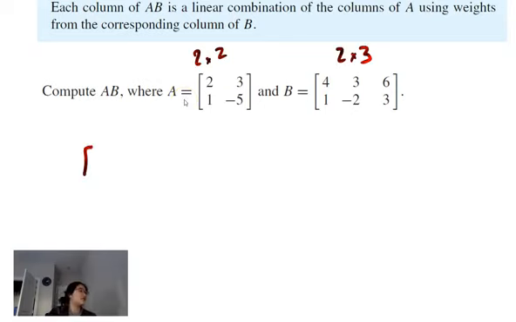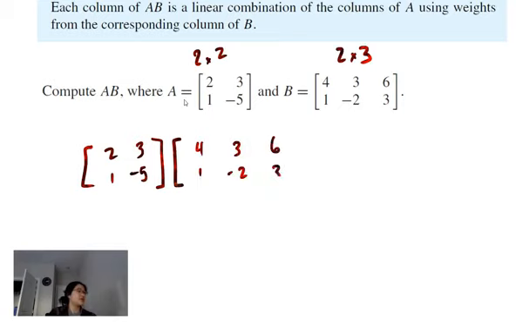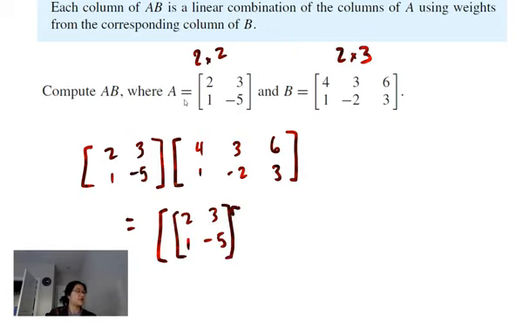So we have [2, 3; 1, -5], and then we're multiplying that by our columns [4, 1], [3, -2], and [6, 3]. So what do we get? We got [2, 3; 1, -5] times [4, 1].